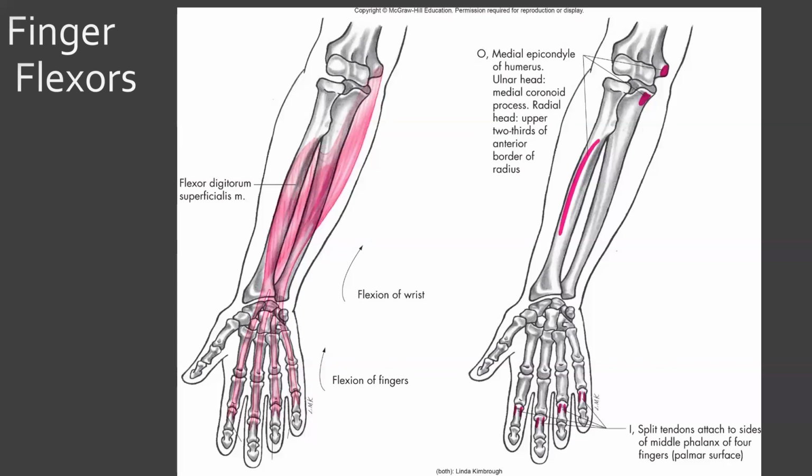When we talk about the calves, the main difference between gastrocs and soleus is that gastrocs is going to originate on your distal femur. Soleus originates on the tibia and partially the fibula. Then they both come together to a common insertion point known as the what? Achilles.